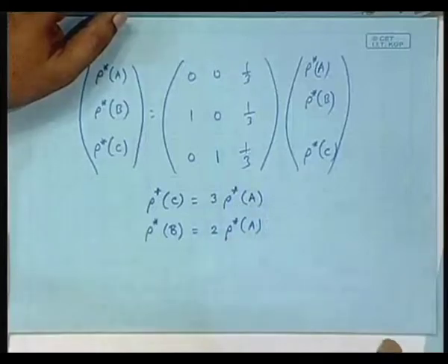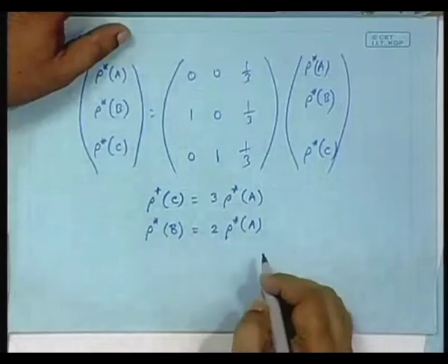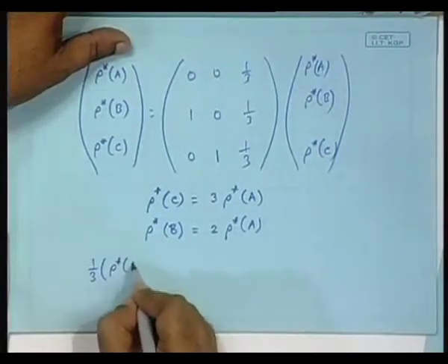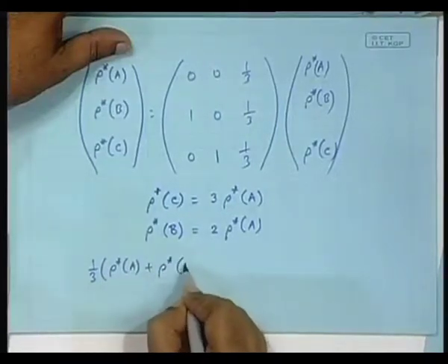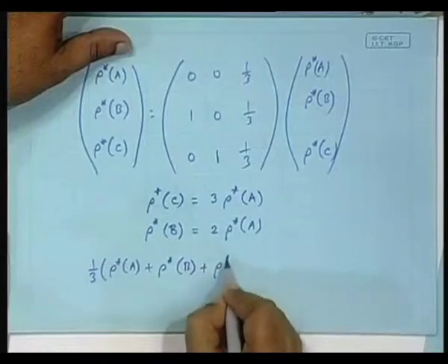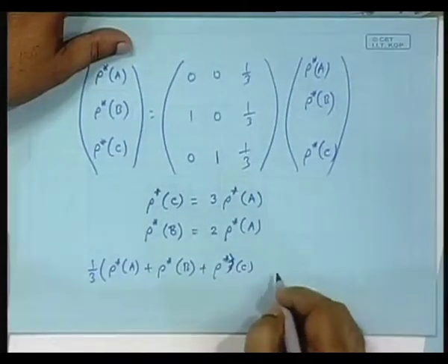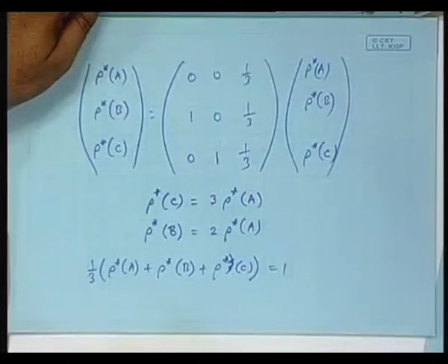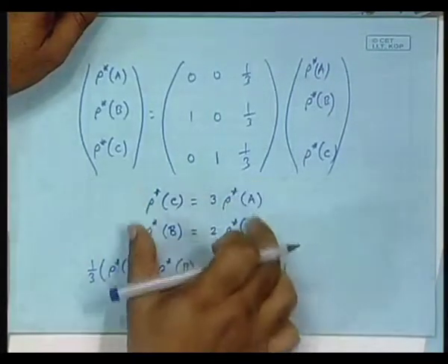That cannot be done. So in addition to that, we have to write that 1/3 rho star A plus rho star B plus rho star C is equal to 1. Once you solve this, in addition to this, you get the numbers.